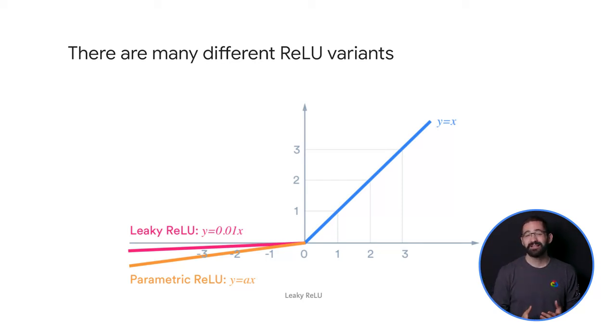Its rectifier allows for a small non-zero gradient when the unit is saturated and not active. The parametric ReLU learns parameters that control the leakiness and shape of the function. It adaptively learns the parameters of the rectifiers.